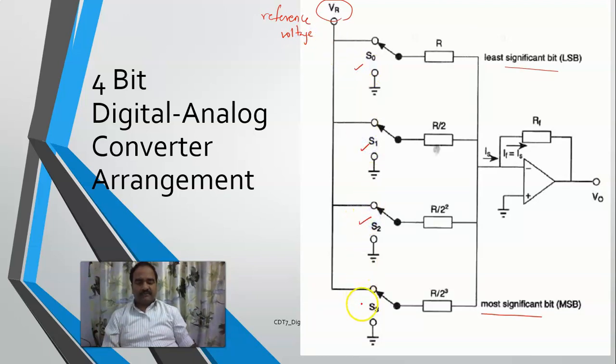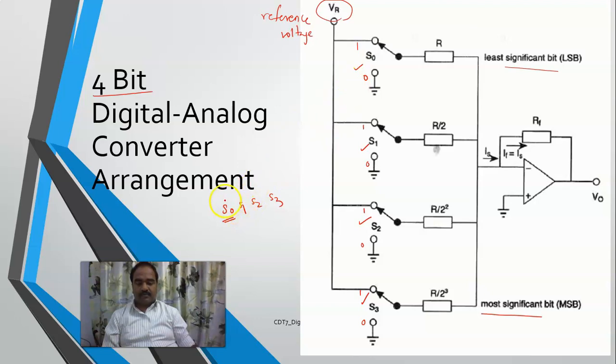Each switch has two states, 0 and 1. Now I have considered a 4-bit, which means I have S0, S1, S2 and S3, and each bit can be either 0 or 1.